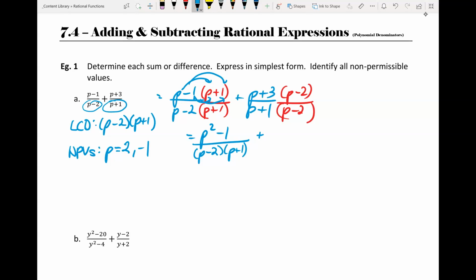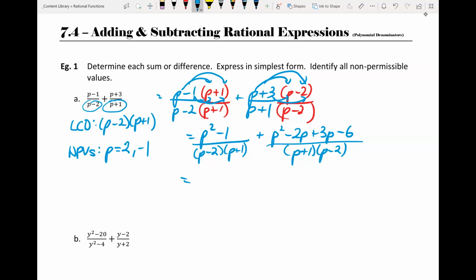And then for our next set of rationals, we got p times p in the numerator, that's p squared. Then we get minus 2p plus 3p. 3 times negative 2 is negative 6. So again, I'm just distributing this multiplication within the brackets. I'm going to leave our denominator alone again.